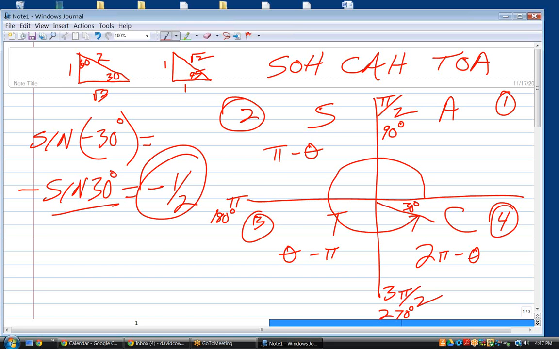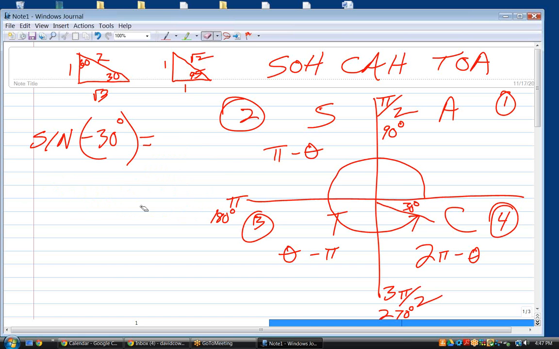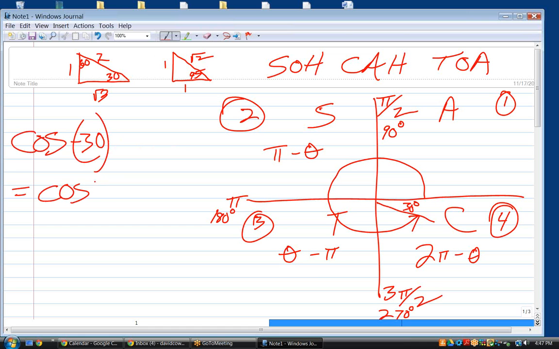Okay, let's do cosine of negative 30 in the same manner. Cosine of negative 30 is the same as the cosine of 30. What's the cosine of 30?